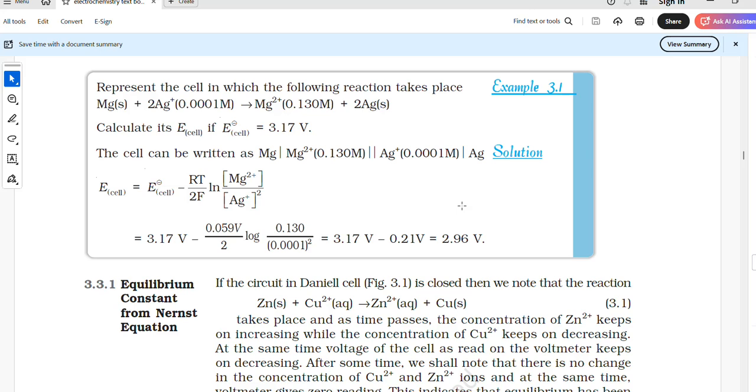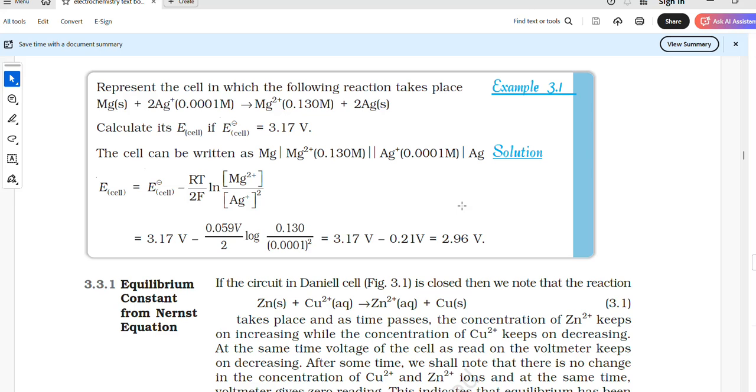Now you can proceed further. 3.17 minus 0.03 into this 7.1139. So multiply this. If you want to make it a single digit decimal, you can make it, and get me the value. What is the second term?